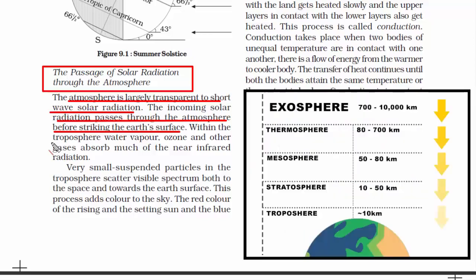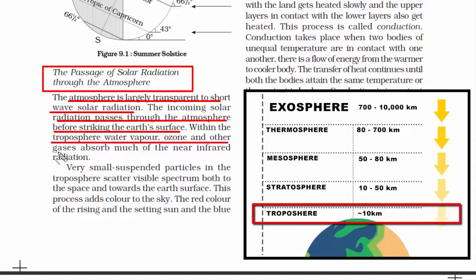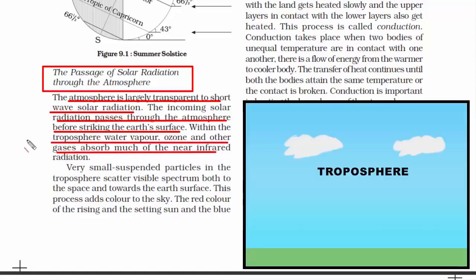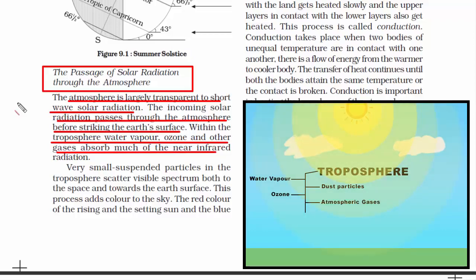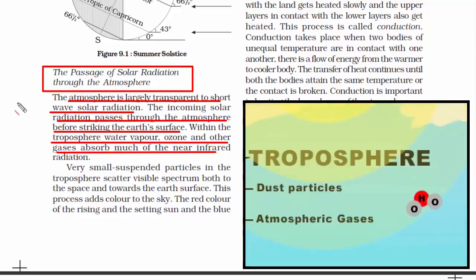We have also read about the 5 layers of atmosphere. In that there's a layer called troposphere. Within that, water vapor, dust particles, ozone and other atmospheric gases exist. So when solar energy passes through the layers of the atmosphere, it also passes through these atmospheric gases, water vapor and dust particles. While making its way to the Earth's surface, some of the solar energy is consumed or absorbed by these atmospheric gases, water vapor and dust particles.